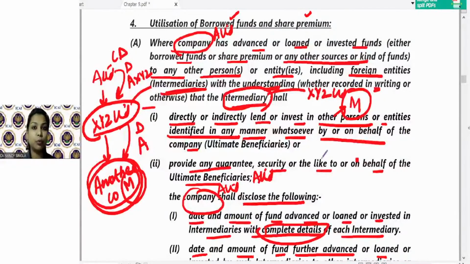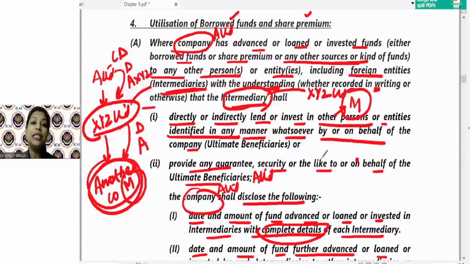So basically this point says, look, these borrowings you have made, or any securities or share premium amount, or any fund which the company is trying to divert through any intermediary, and that intermediary can be a foreign entity.